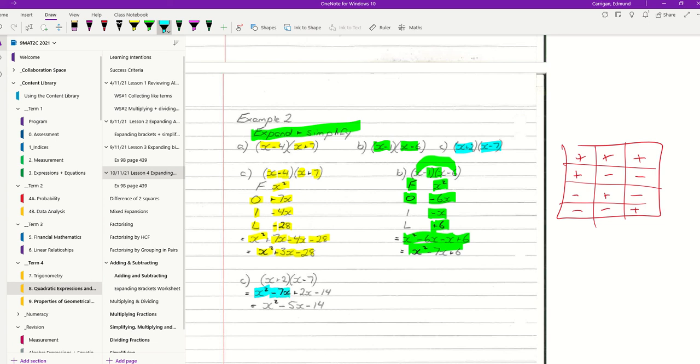Looking at my signs now, I've got the inside: I've got plus 2 times x, it's plus 2x. Looking at my last terms, it's a plus 2 times a minus, so plus times a minus is a minus. 2 times 7 is 14. Putting them together: x squared minus 7x plus 2x, minus 5x, minus 14.